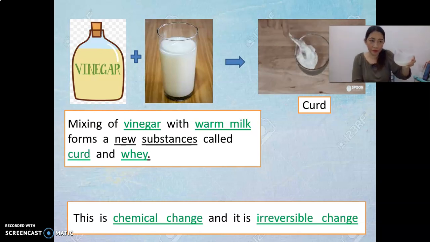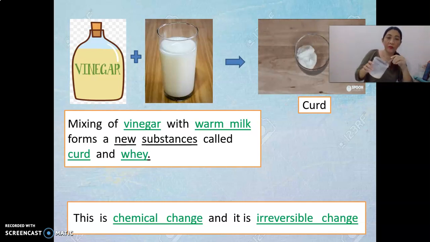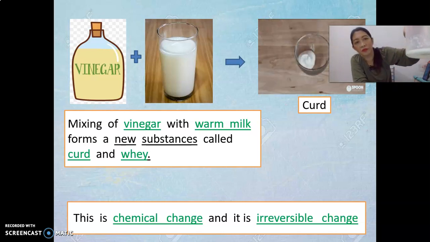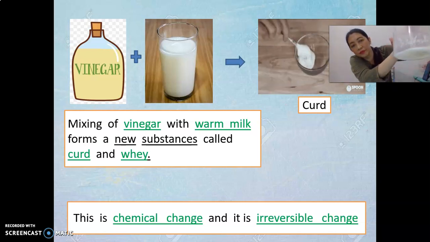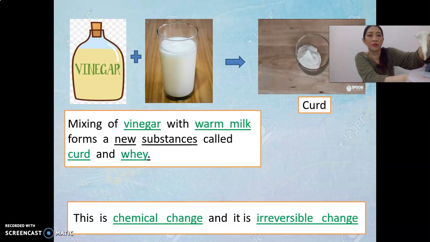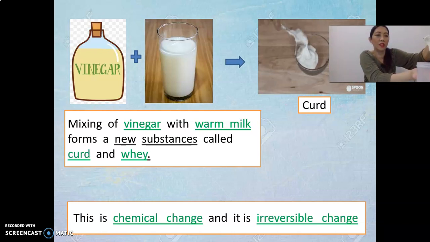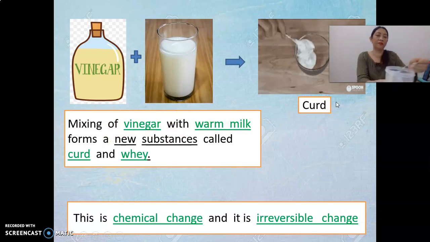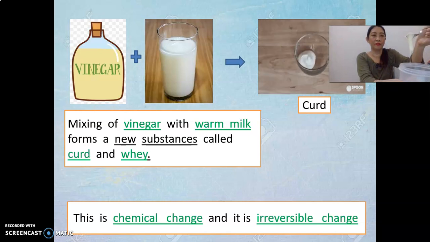When you mix vinegar with warm milk, this is the curd.